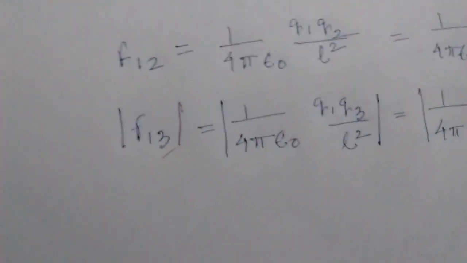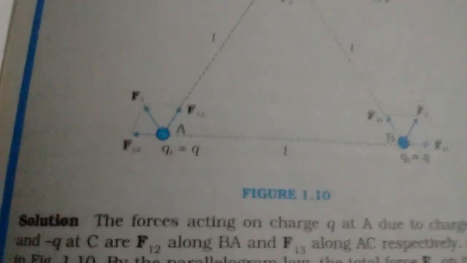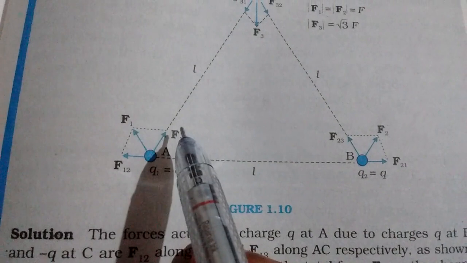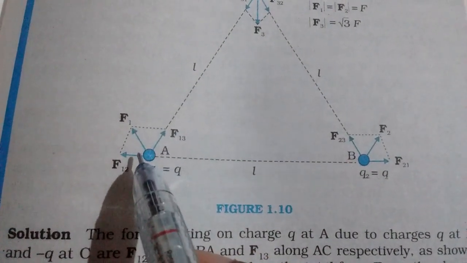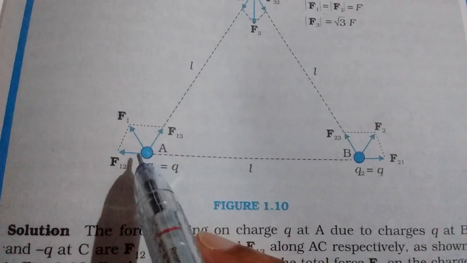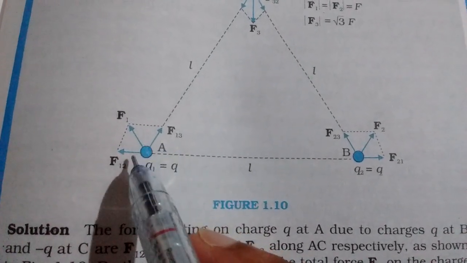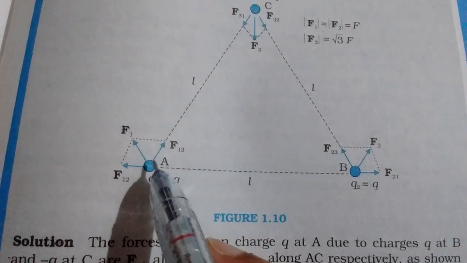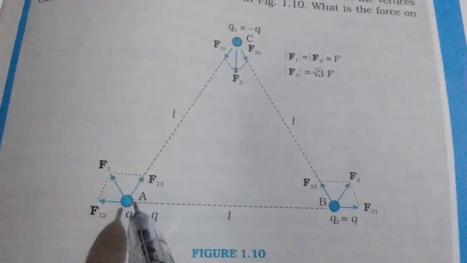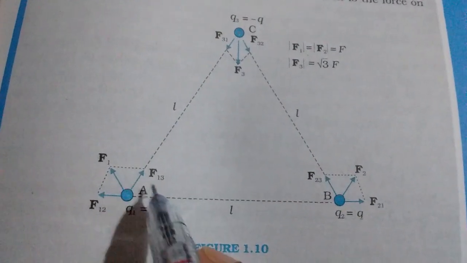Now to find the resultant of F12 and F13, we first have to find the angle between F12 and F13, so that we can put the vector addition formula. As you know, this is an equilateral triangle, that's why this is 60 degree.